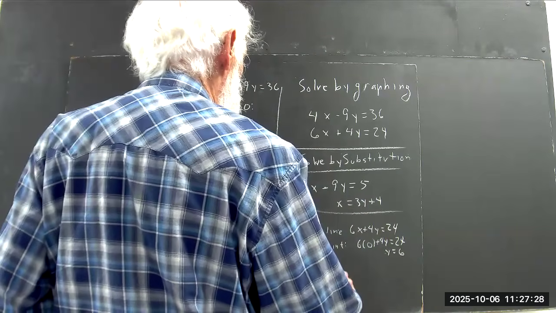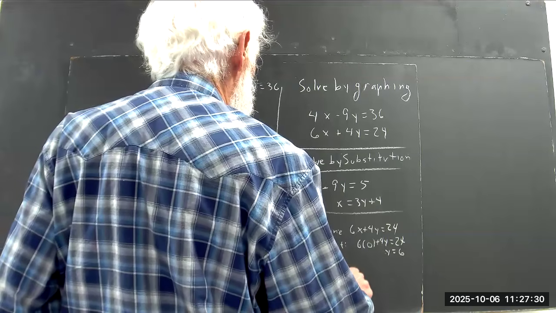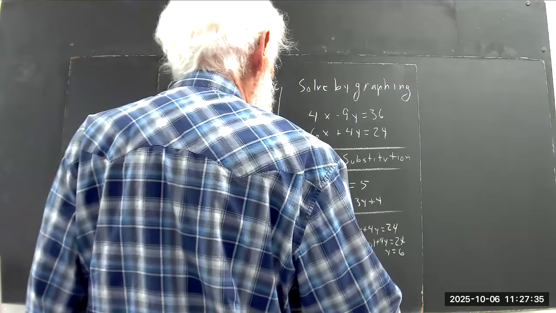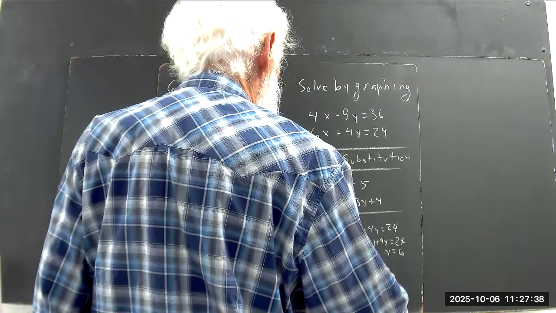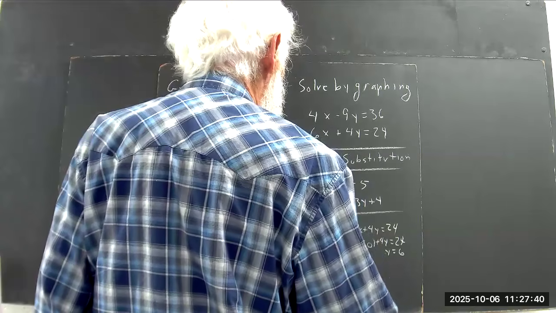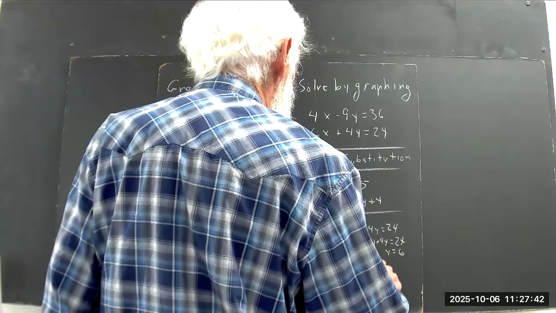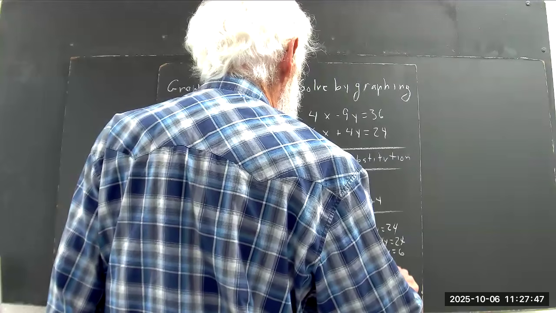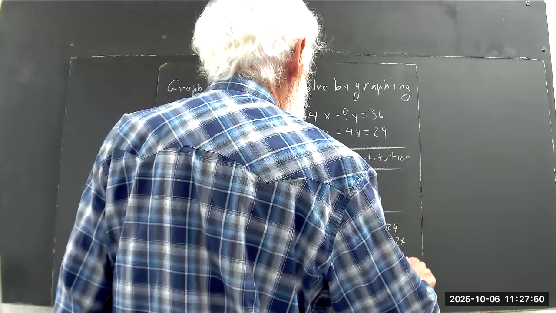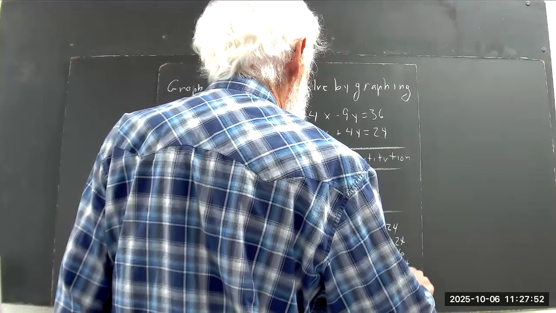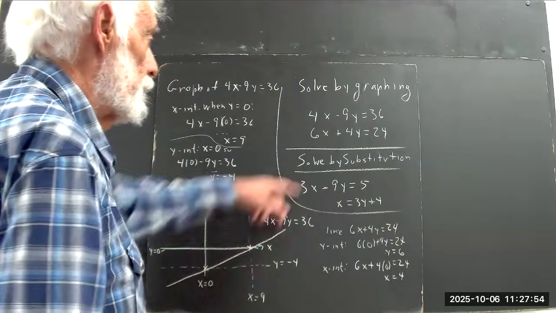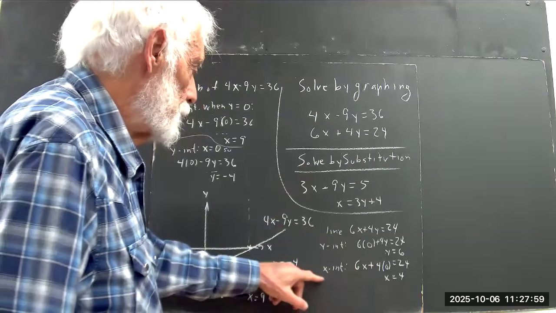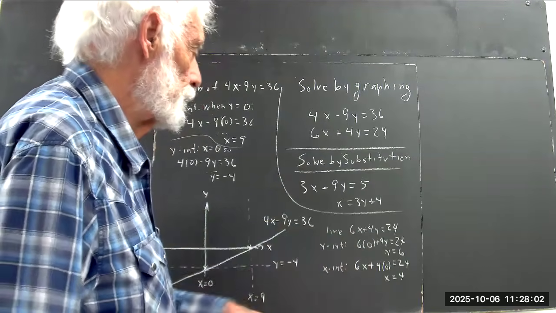Now, I'm not writing out all the words. I've done this already, so you should go back and look at all the words that I've written out. We do the same thing for the second line. We get the y-intercept by letting x equal 0. We get the x-intercept by letting y equal 0.